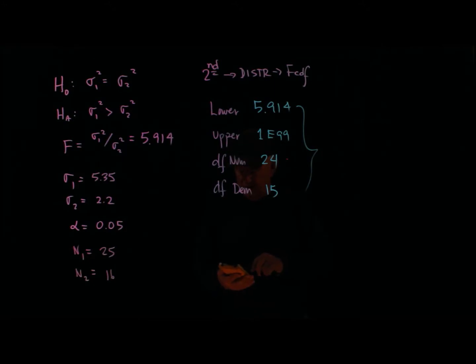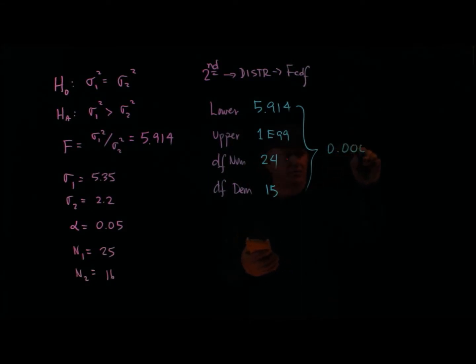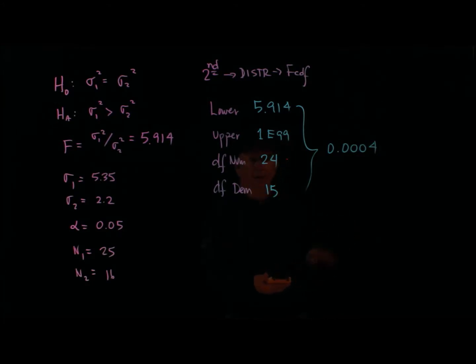And when I do that, I get 0.000425. Okay, 4 times 10 to the minus 4. All right, very small number.